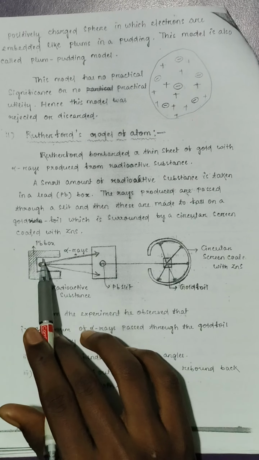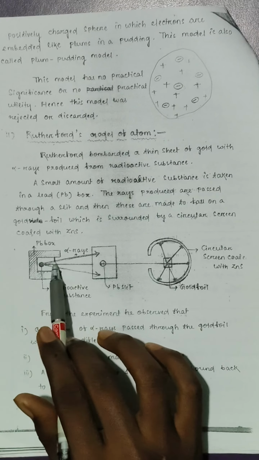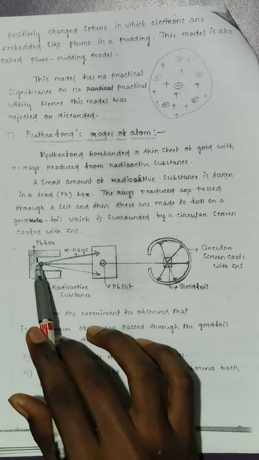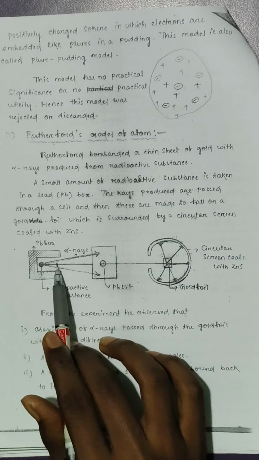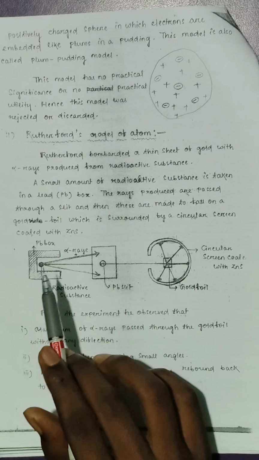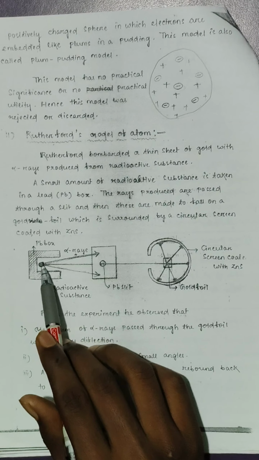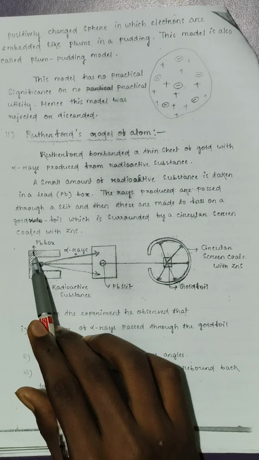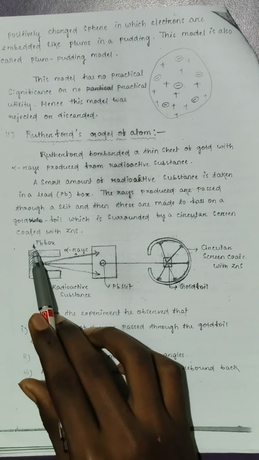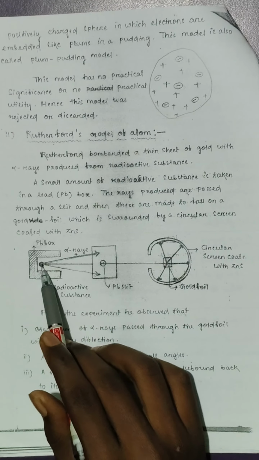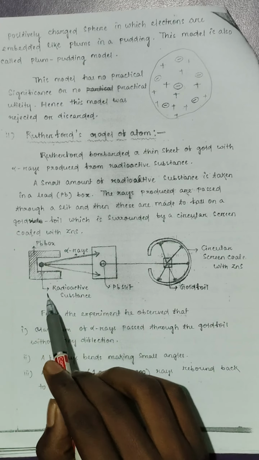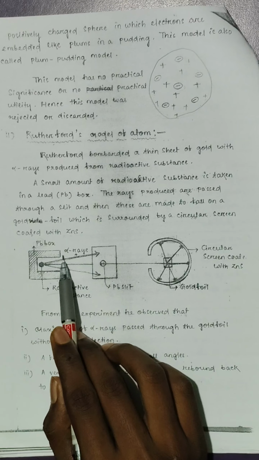So you guys see here, there was a box with a quite small hole. This is a lead box made from Pb. Here the black dot is a radioactive substance.